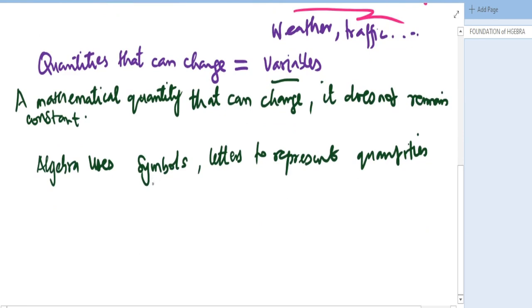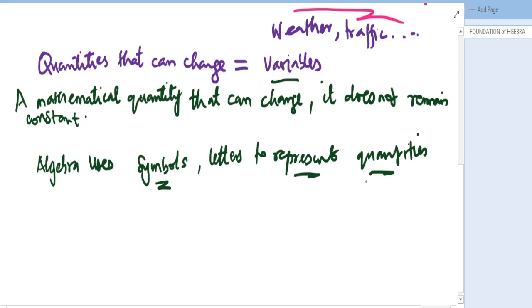Take, for example, the number of people in a house. The number of people in a house is a variable because it can change. Friends might come around and stay, somebody may travel away from the house, and at some point some people may go to school. It depends on the context, but very much it can change.